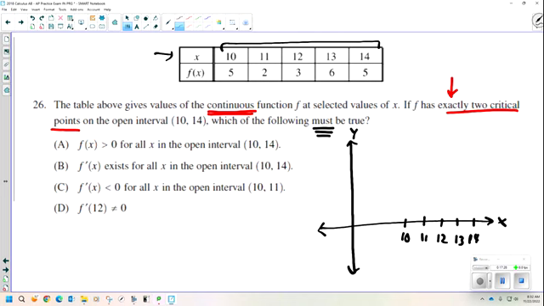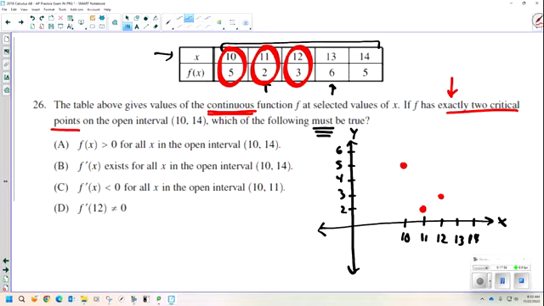So I'm going to plot these points, and they go as low as 2 and as high as 6. So 2, 3, 4, 5, 6. All right, so when x is 10, y is 5. That's right here. When x is 11, y is 2. It's right down here.